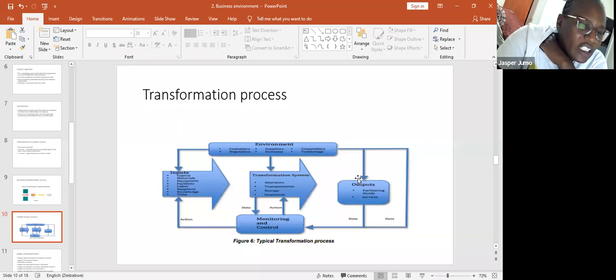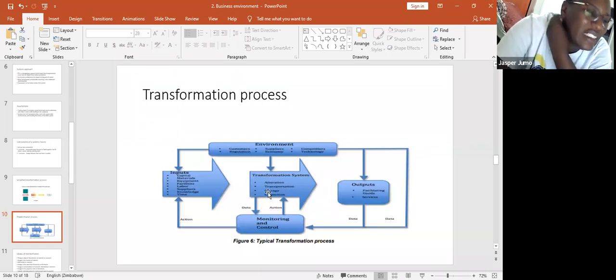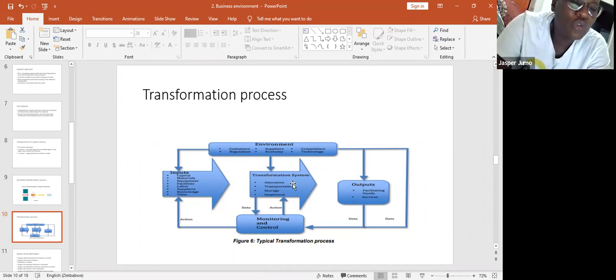Or before it gets to the outputs, you take the information or the data that you have at the transformation stage, you monitor and control it, and it goes back to transformation. So this can be maybe something that is to do with information technology, which you can put back and then transform it.